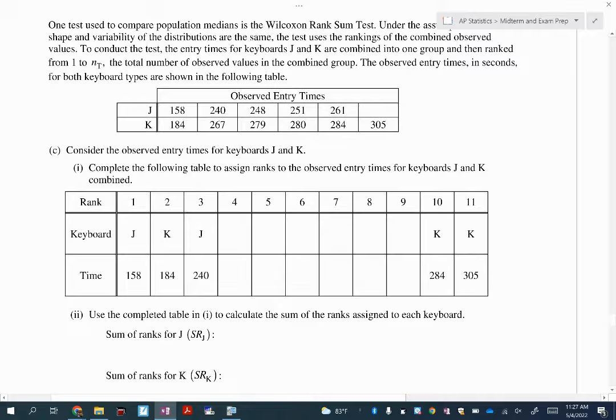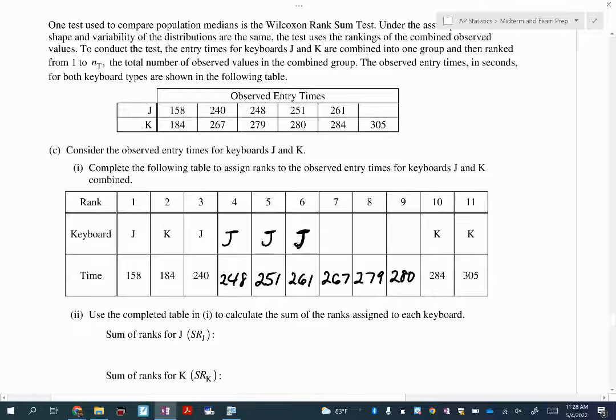All right, so the first one is J, because it's 158. Then the next number is 184, which is a part of keyboard K. You have the idea. So after 240, the next number is 248, then 251, then 261, 267, 279, and then 280, all the way up until the last two. Now, if you notice here, 248 is with keyboard J, same with 251 and 261.